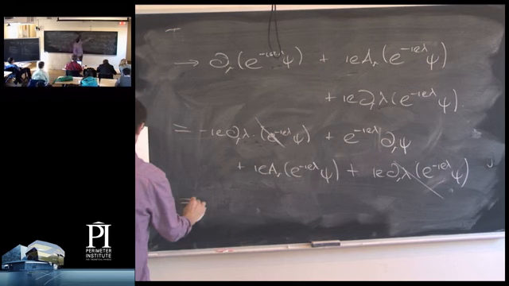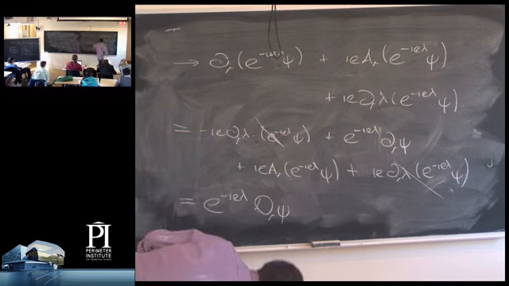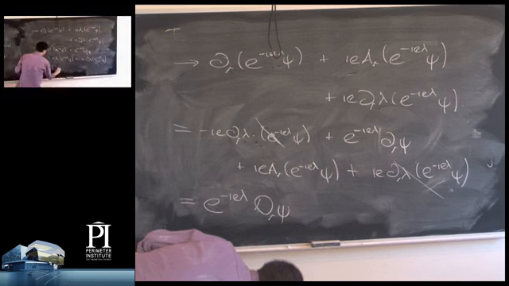But now when the derivative acts on lambda, it gives this term, and this precisely cancels the bit we got from the gauge field shifting. So this goes, and this goes. And what we're left with is D mu psi again, with this exponential factor taken outside.